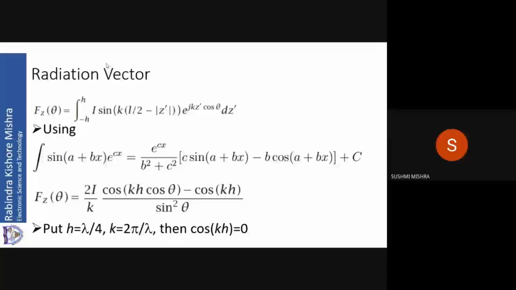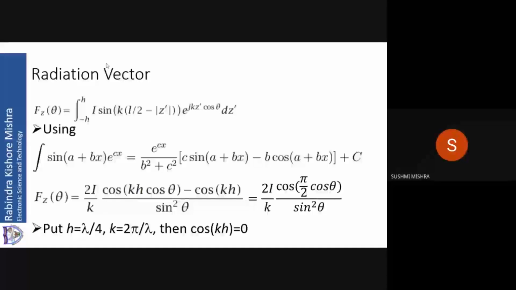If I put h is equal to lambda by 4, k is equal to 2 pi by lambda, then kh becomes 2 pi by lambda into lambda by 4. So lambda numerator and denominator cancels out. 2 in the numerator, 4 in the denominator. That gives you pi by 2. So Fz becomes 2I upon k cos of pi by 2 cos theta upon sine square theta.